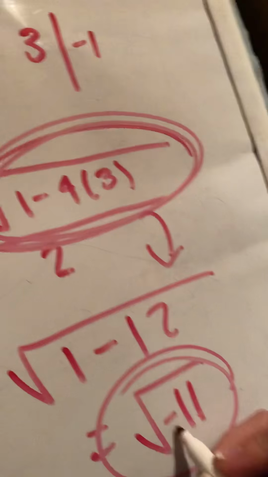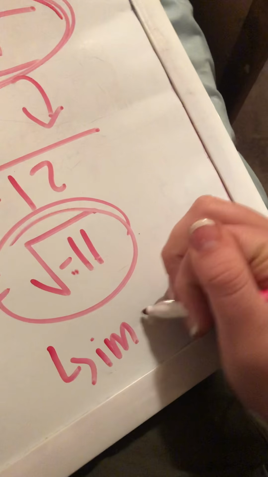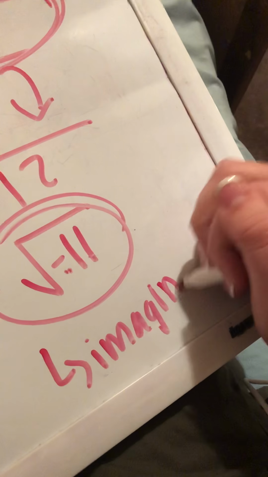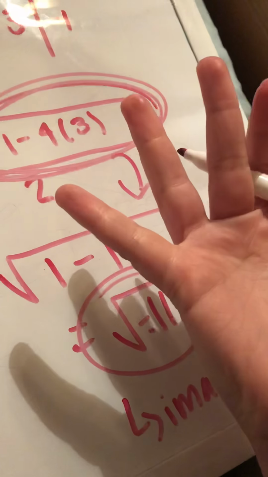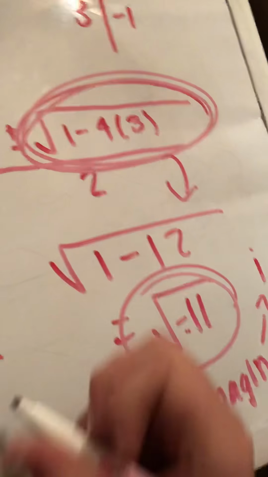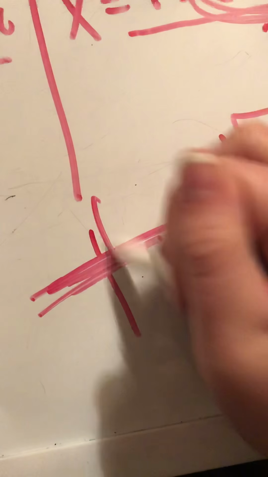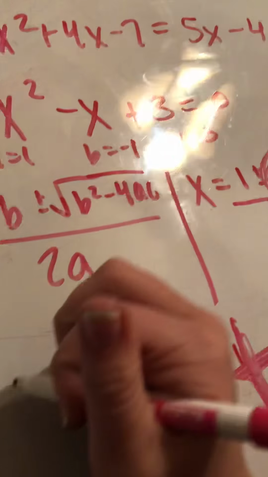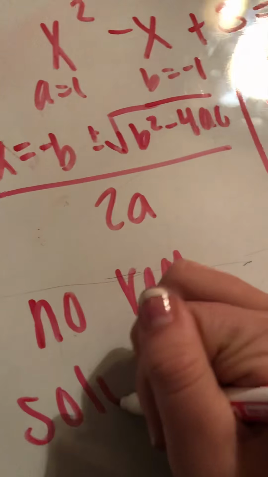You cannot take the square root of a negative number because it gives an imaginary solution, or as you probably remember from algebra, i, and i is not on a graph. It doesn't exist on a coordinate plane. It's imaginary. So this would be no real solutions.